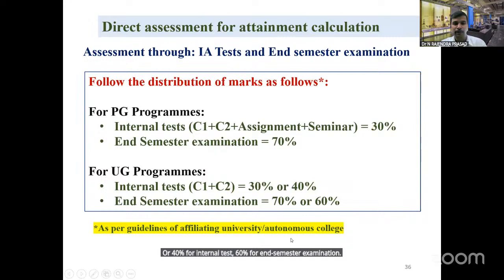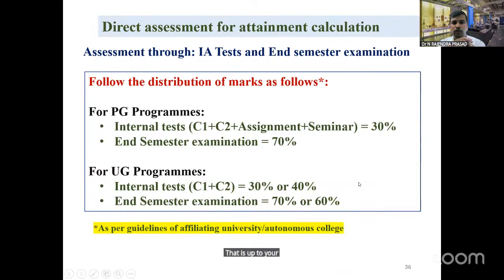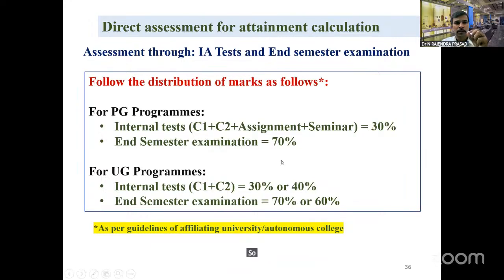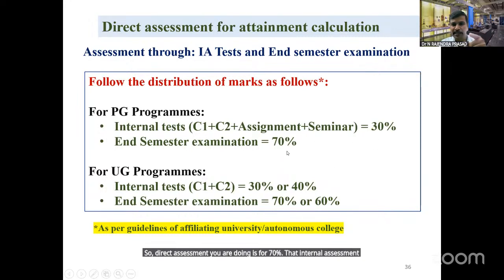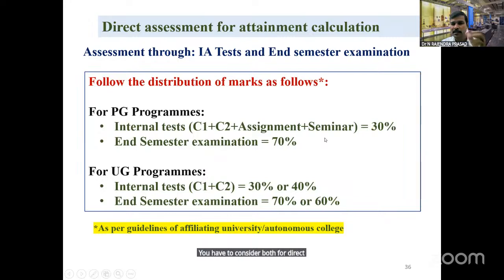This will vary from university to university or college to college. That is up to your institute regulations, your affiliating university regulation. You fix that. So, direct assessment you are doing is for 70%. In that, internal assessment is 30%, end semester examination is 70%. You have to consider both for direct assessment as a whole.